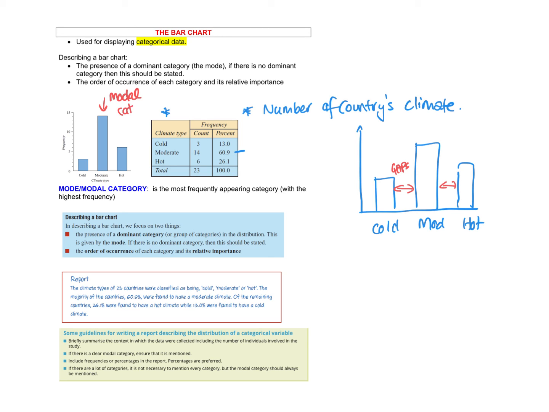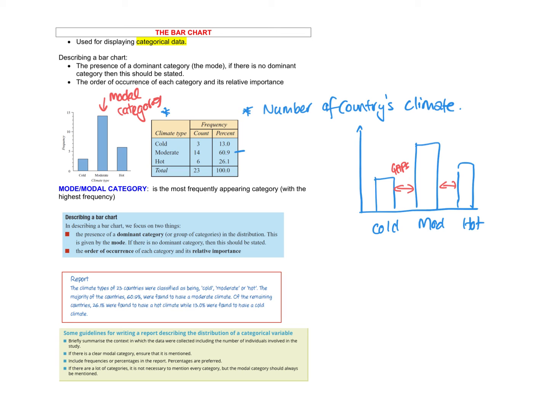They might call it the mode, they might call it modal, it doesn't matter. All right. So they'll ask you to describe these bar charts, and all you have to do is say what the modal category is or the dominant, but I'd rather use mode.